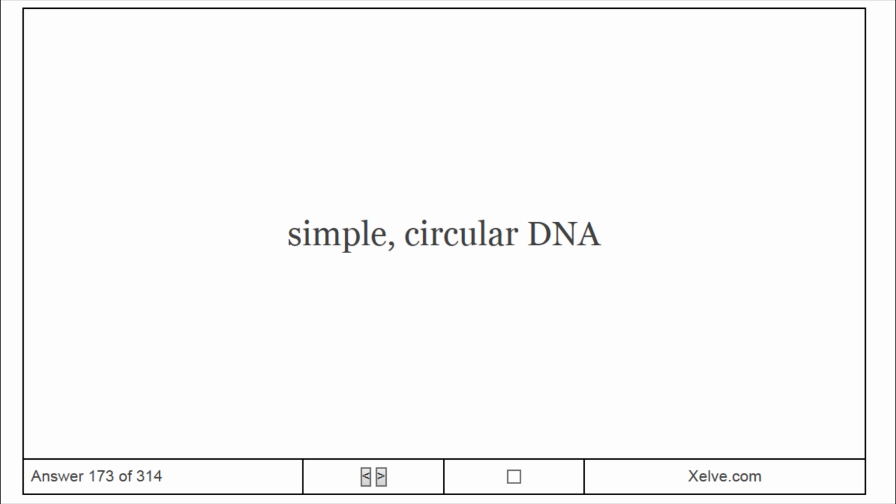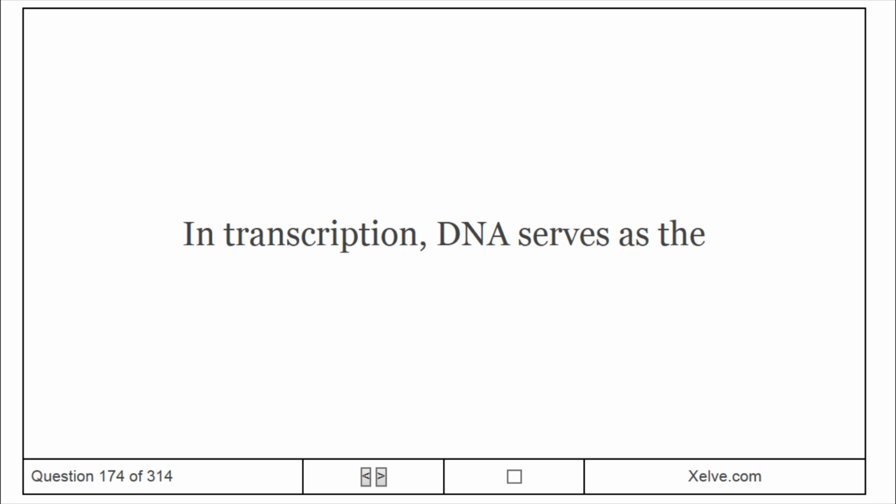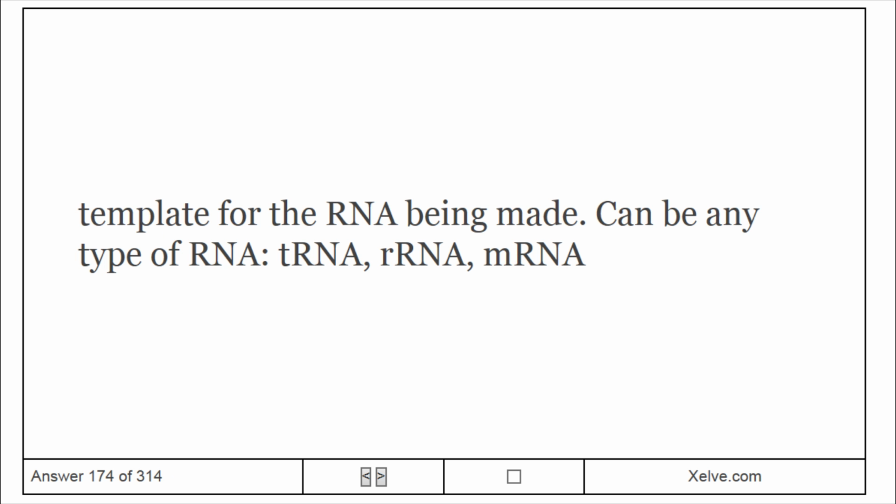Plasmid: simple, circular DNA. In transcription, DNA serves as the template for the RNA being made. It can be any type of RNA: tRNA, rRNA, mRNA.